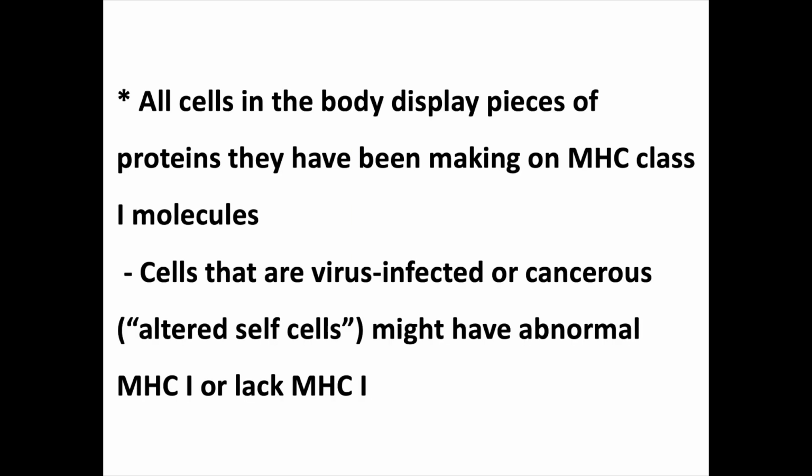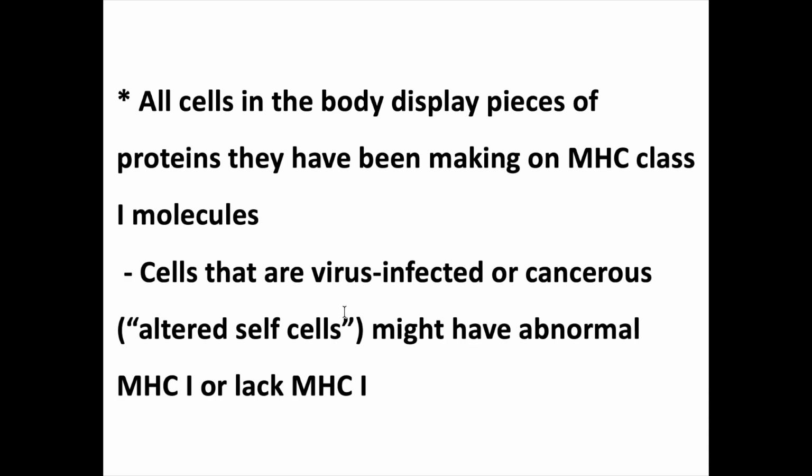Now, any cells that are virus infected or cancerous are messed up in a lot of ways. And a lot of times, this viral infection or the mutations that are associated with cancer lead to abnormal MHC1 or not having any MHC1 at all.